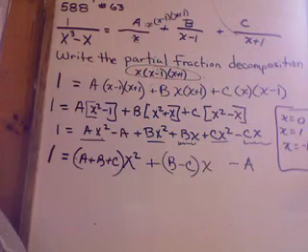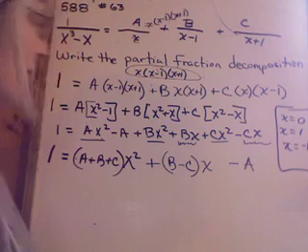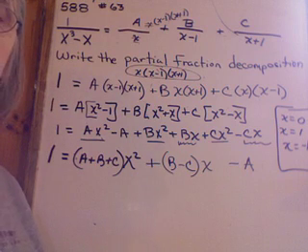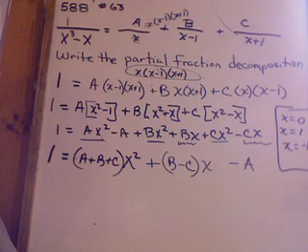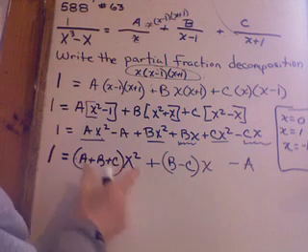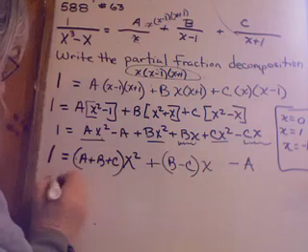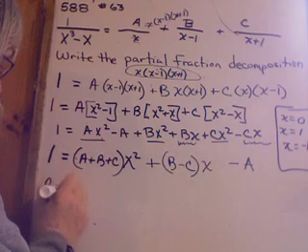So what happens when I start doing that? Well, if I let x equals 0, look at what happens. Do you see that when x is 0, this part disappears, this part disappears? So I have, all right, let's write that down.